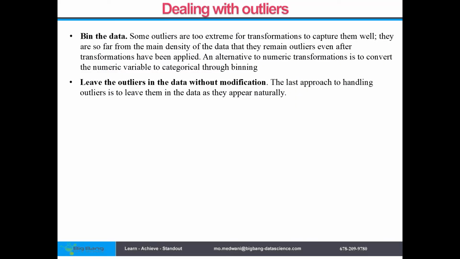And you could bin your data if you have categorical and numerical data, and also you could leave outliers without any modification, and you could leave the missing values without any modification, especially if you are planning to use non-algebraic, non-probabilistic models like decision tree, random forest, or any models that use decision tree as a base learner. So that is what we talked about yesterday.